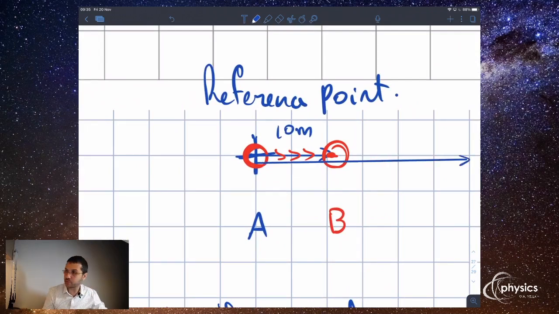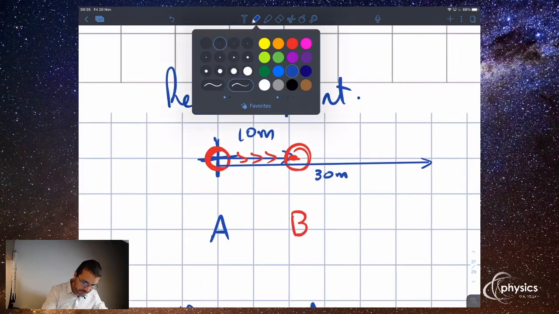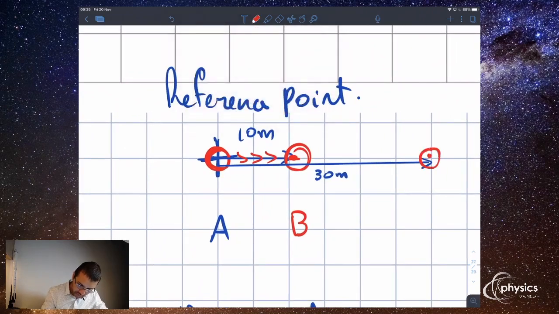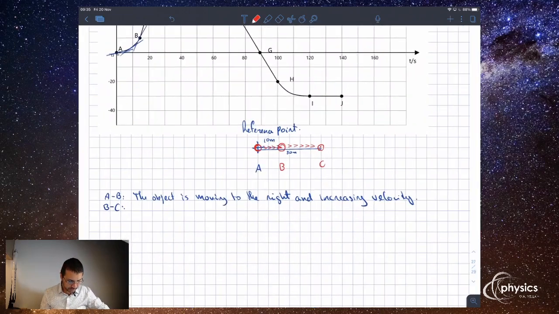That's why the reference point is very important. So we are 30 meters away, and the object is at position C. So from B to C, the object continued on moving to the right.